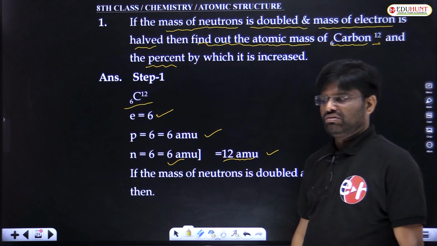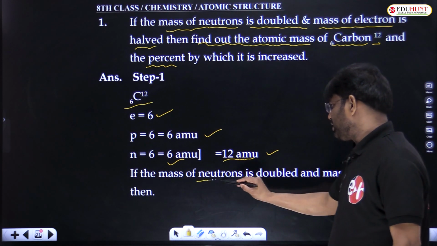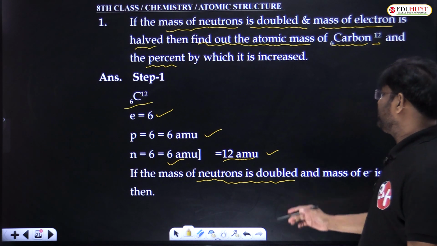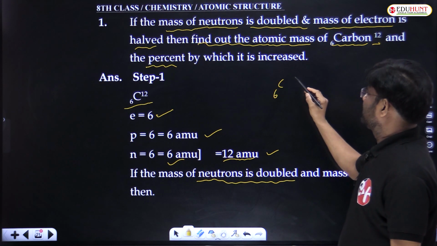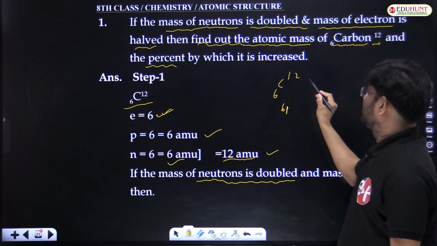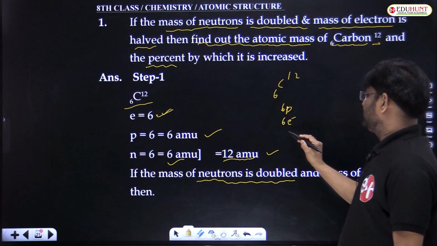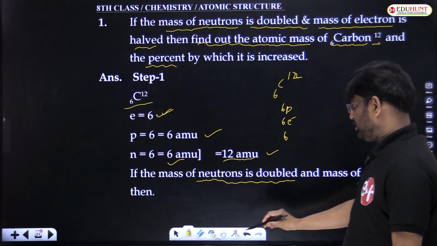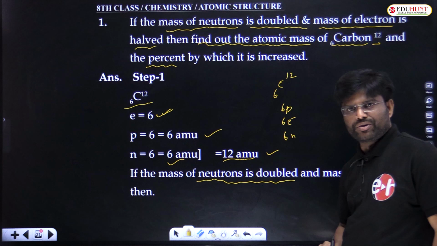Mass is 12. Now the mass of neutrons is double. Protons 6, electrons 6, neutrons 12 minus 6, so 6 neutrons.